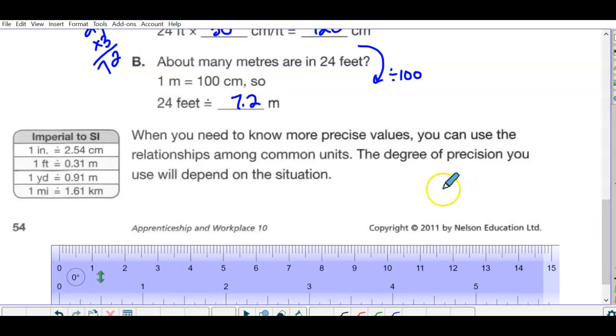Now, when you need more precise values, you can use the relationship among common units. The degree of precision you use will depend on the situation. So here is conversion. So we approximated 1 inch as being 2.5 centimeters. It's really 2.54. There are more decimal places as well, but we in this course are just going to use 2 decimal places for most of these conversions.